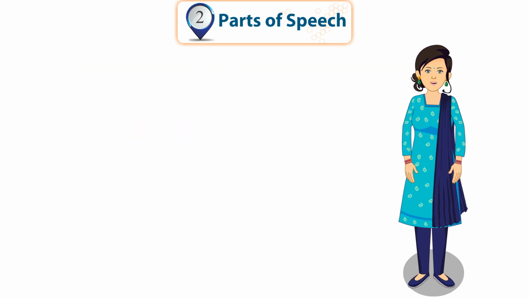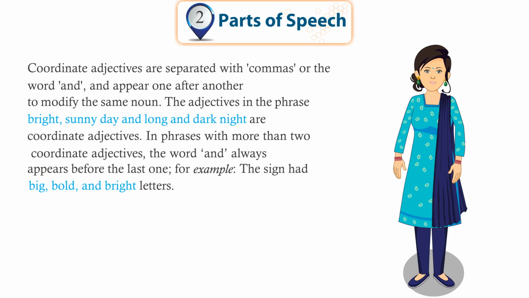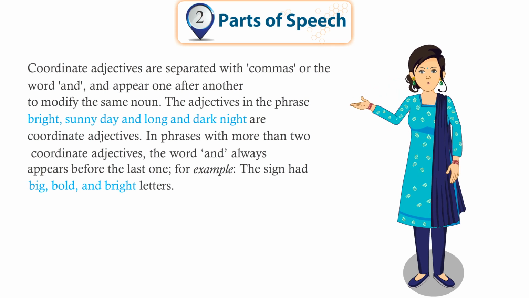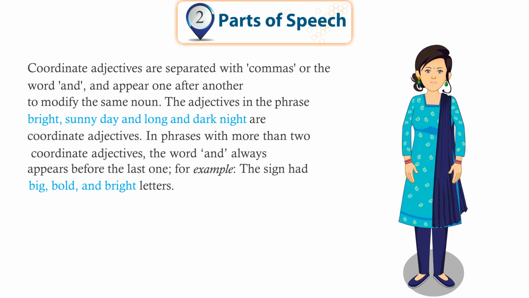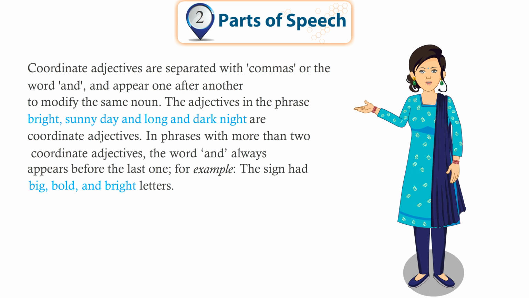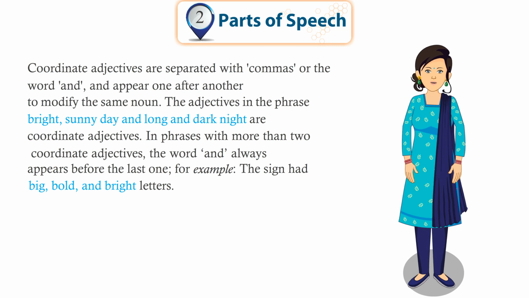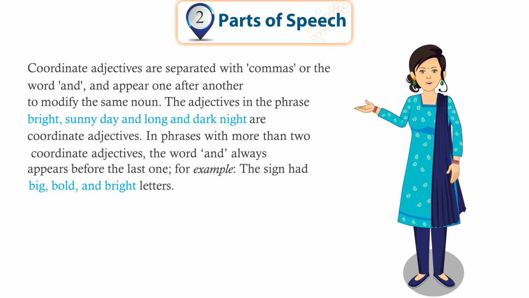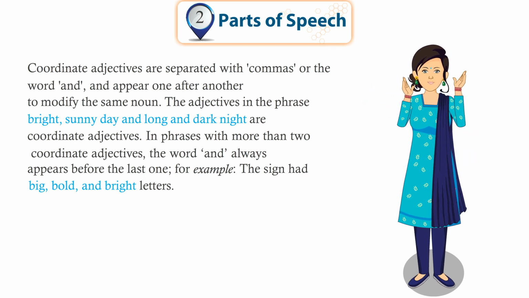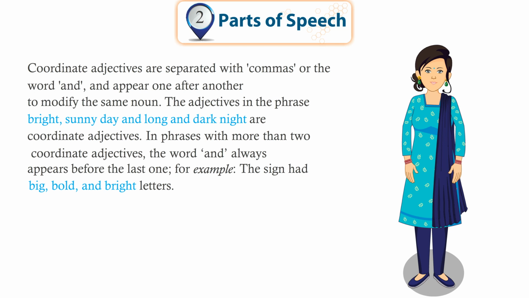Coordinate adjectives. Coordinate adjectives are separated with commas or the word and, and appear one after another to modify the same noun. The adjectives in the phrases bright, sunny day and long and dark night are coordinate adjectives. In phrases with more than two coordinate adjectives, the word and always appears before the last one.